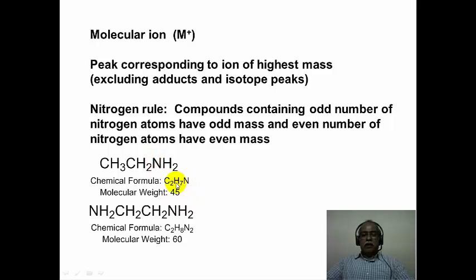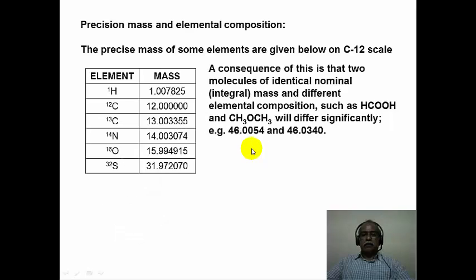So as a result, the molecular ion is an odd number. When there is an even number of nitrogens present, of course, the molecular weight will be an even number. So this is what is known as the nitrogen rule. Compounds containing an odd number of nitrogen atoms have odd mass and an even number of nitrogen atoms have an even mass.